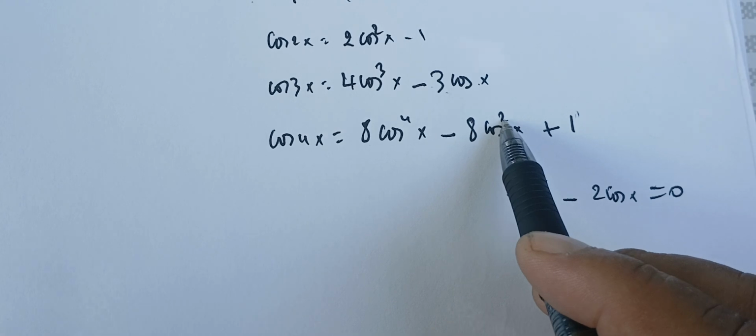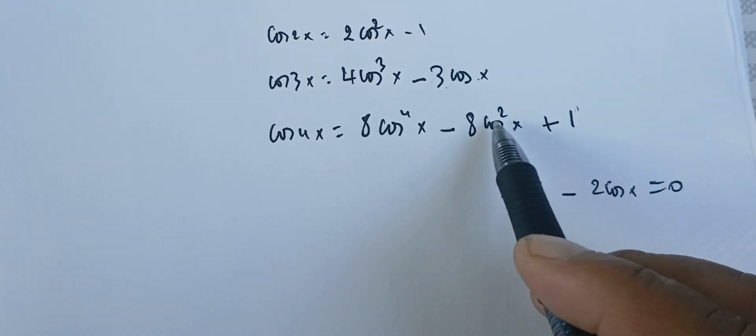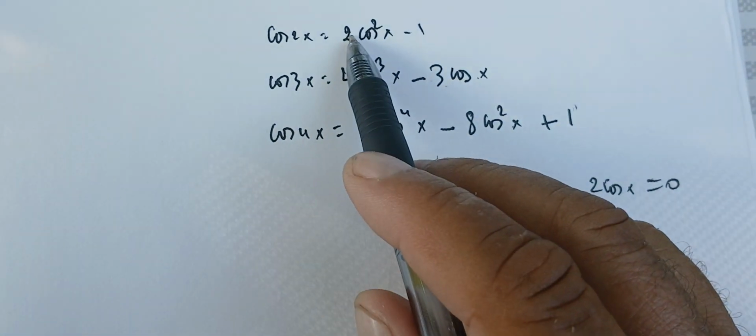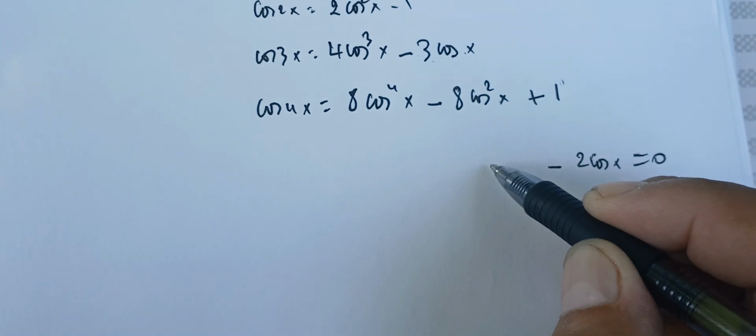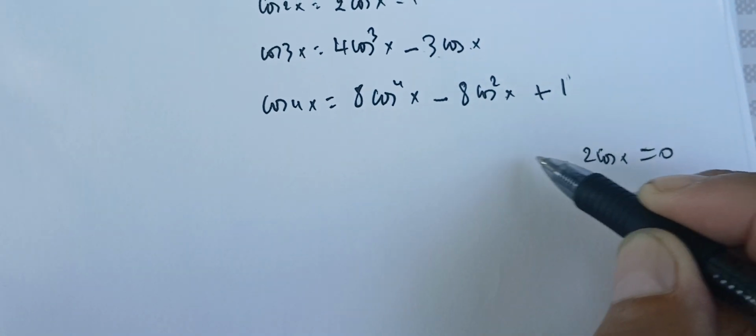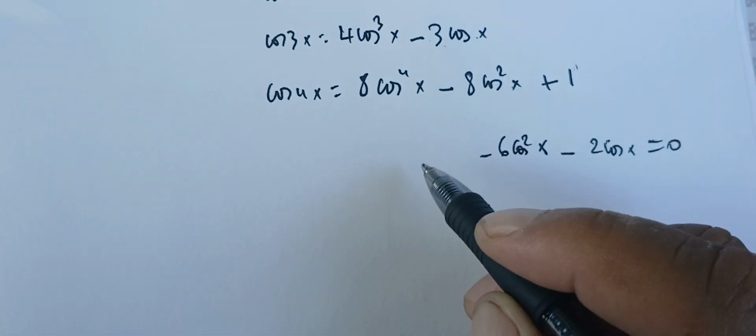And next is the power 2. I have minus 8 cosine squared of x plus 2 cosine squared of x, so here minus 6 cosine squared of x.